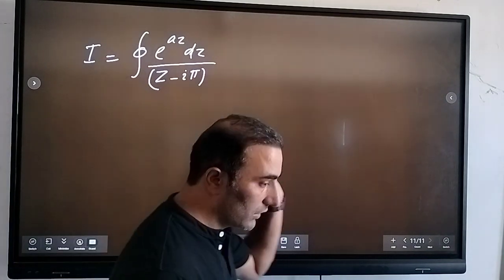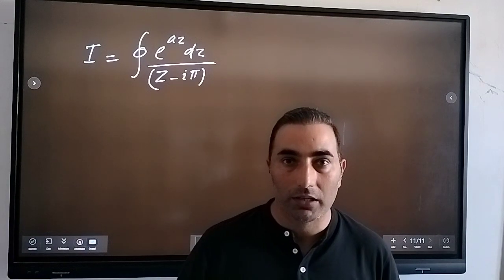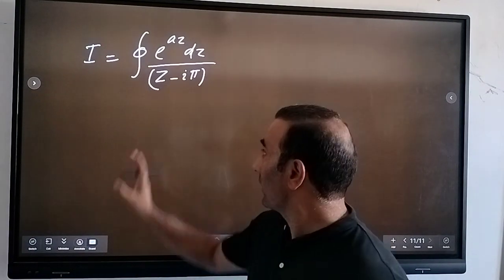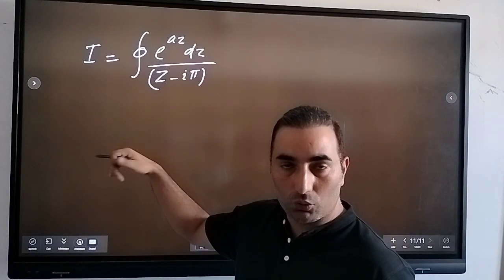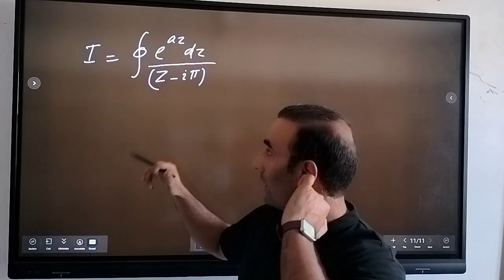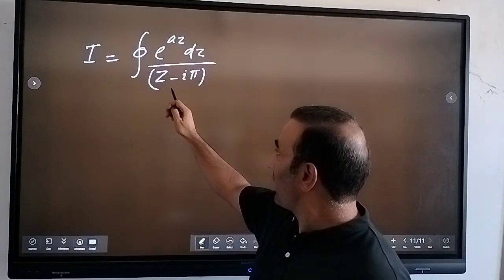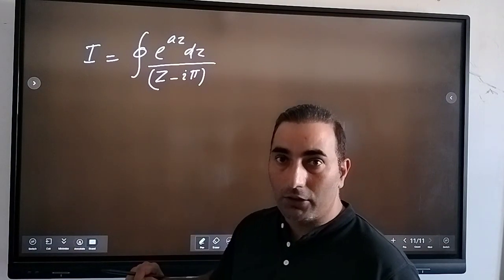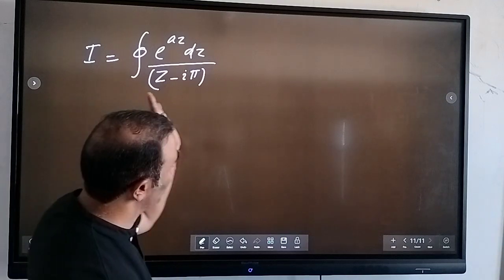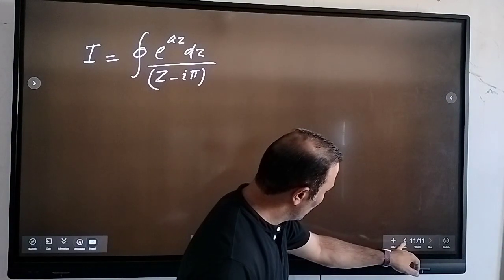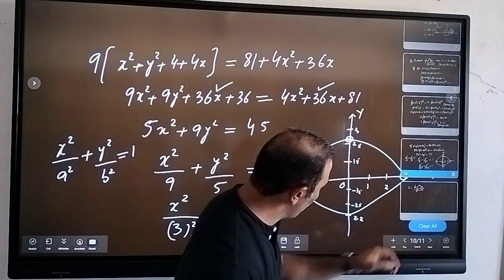So that means the integral, the function will be not analytic at z equal to iota pi, because at that time our integral will become 0. Right. Now, we can say that at z equal to pi, it's not analytic, right? So f of z will be equal to, sorry, so z equal to iota pi.